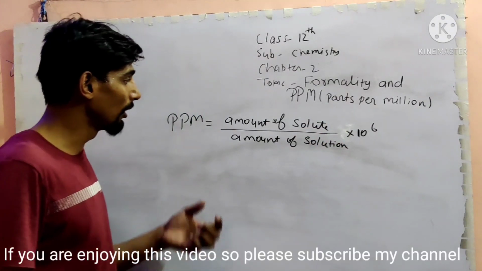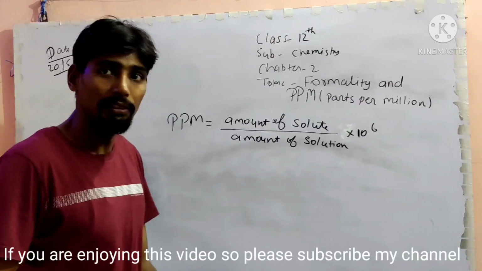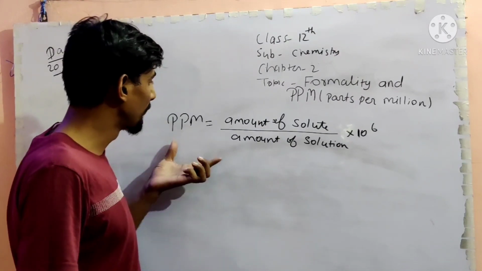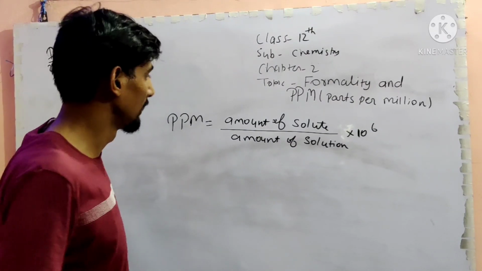So this is the formula of ppm. We can easily find out the parts per million from this.